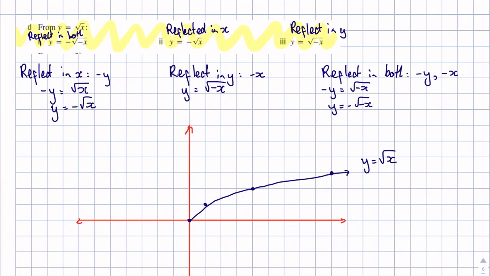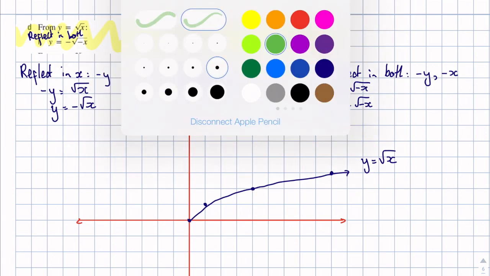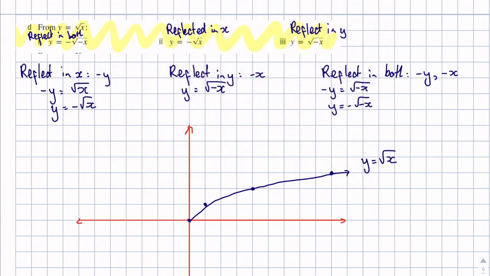Okay? So if y equals minus root x, and I'm going to do that in purple, I'm reflecting it in X, so it's literally going to be the same thing, but upside down. So we're going that way.